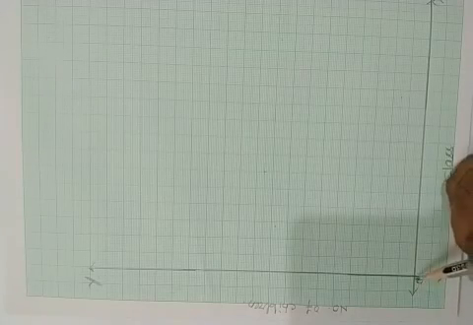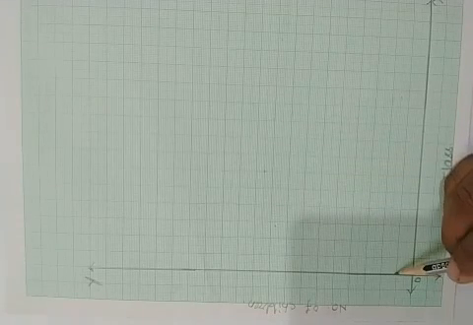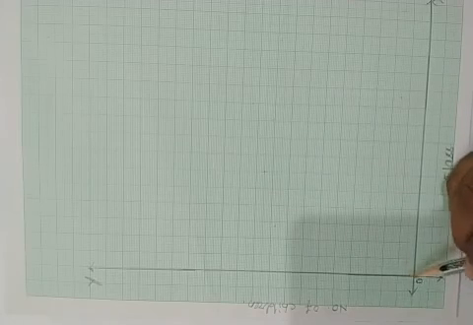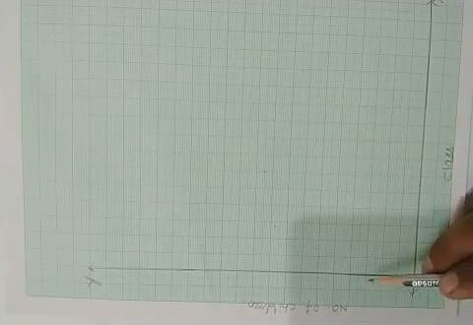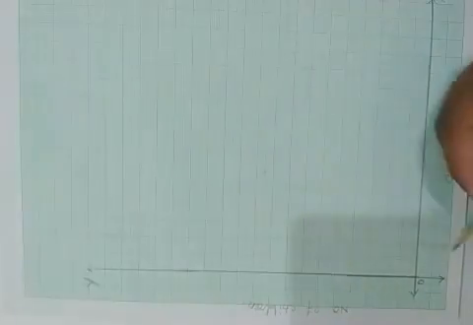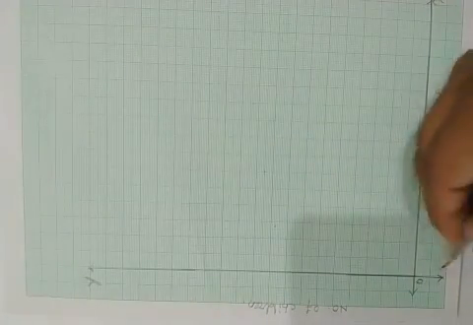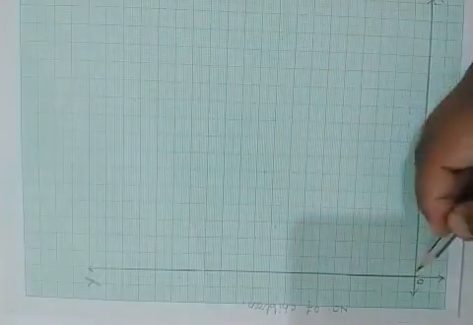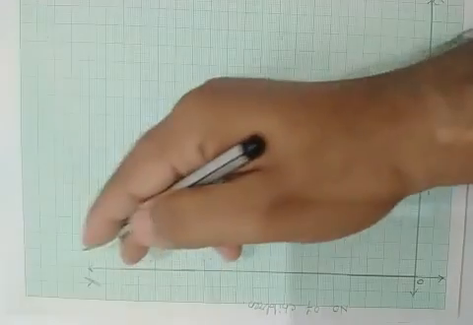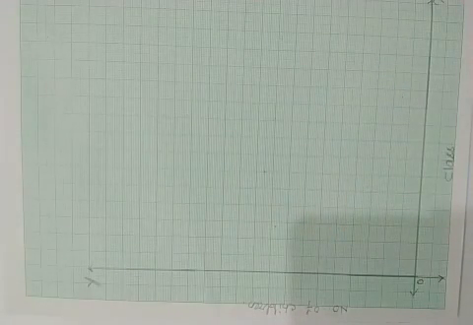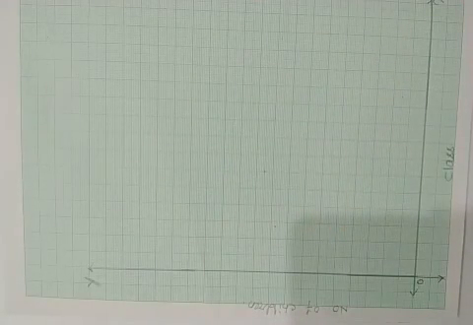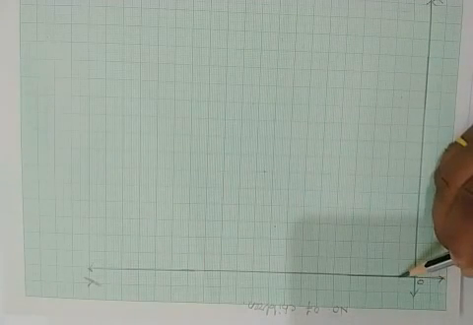If you take this as 10 students, then here would be 10, 20, 30. While choosing the scale, we should be careful that the graph should not be very long and should not be very short.